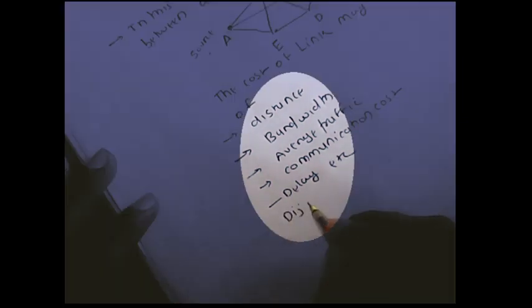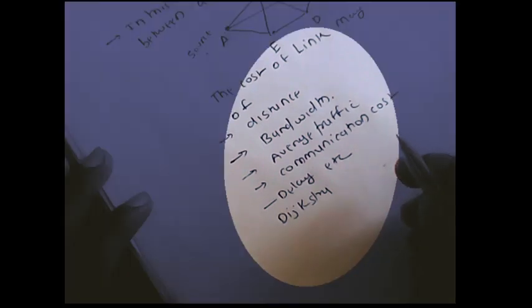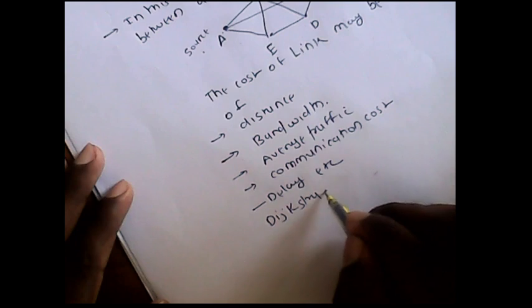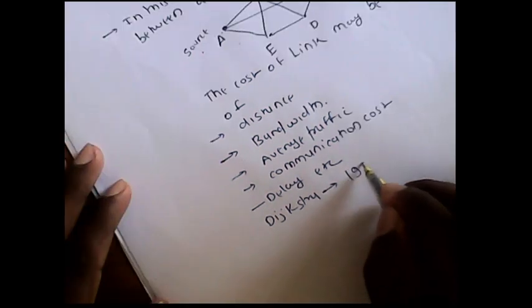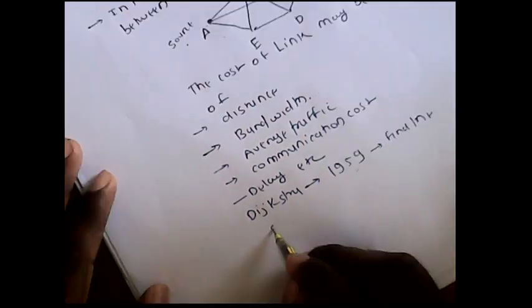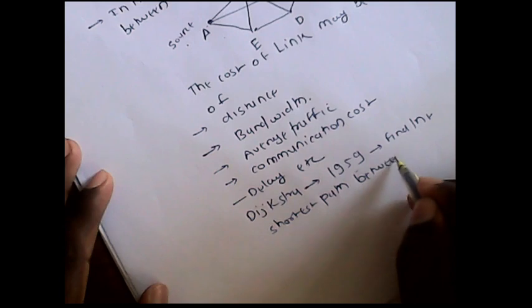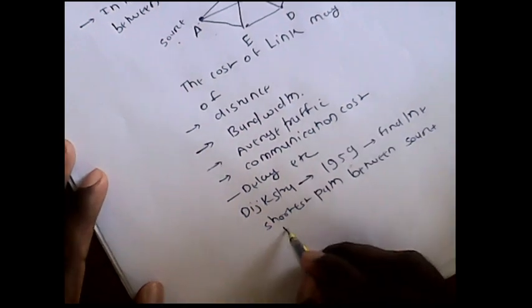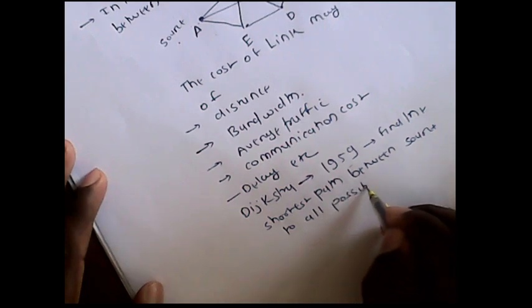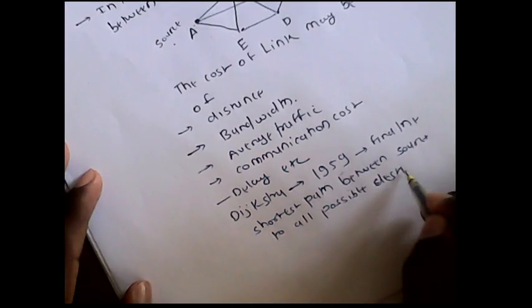The Dijkstra algorithm is used to find the shortest path from a source to all destinations in the network. This algorithm was published in 1959 to find the shortest path between a source and all possible destinations, or particularly one destination, in a network.